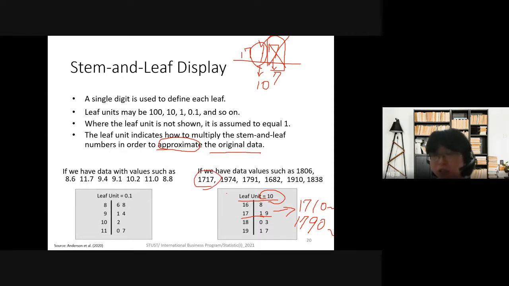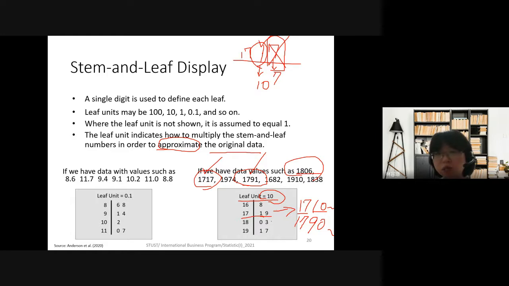Yes, in such a situation, there is a data approximately 1710, that is 1770, and the other approximately the original data 1719, that is 1791.